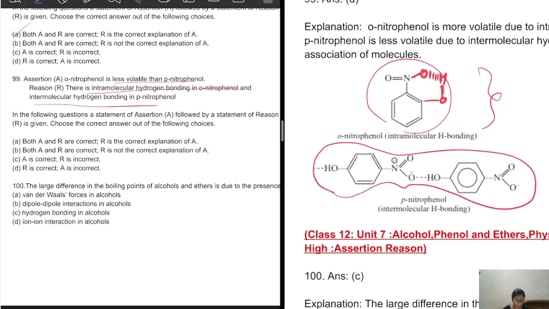Intermolecular is stronger. If this is stronger, then upon boiling, what is volatile? It means whether upon boiling it can easily go or not, like it will evaporate or not. So if it has a stronger bond, it will take time. It is less volatile. Which is less volatile? Para. And here it is given ortho, so the assertion is false and the reason is true. The correct answer is B.